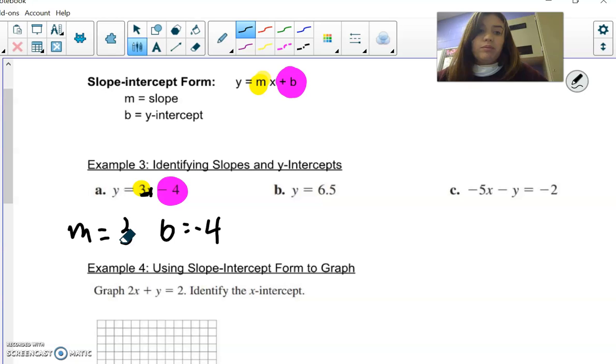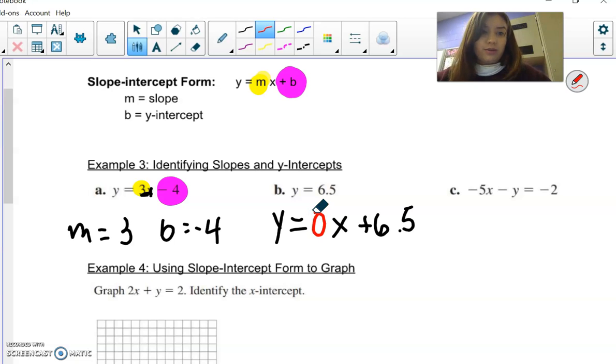Now looking at question B, we have y equals 6.5. So 6.5 is not a coefficient of x, so that cannot be our slope, and we know that. It's a positive 6.5, so I'm going to make that a plus 6.5. Okay, and now we have to have something times x. And what times x is 0? 0.